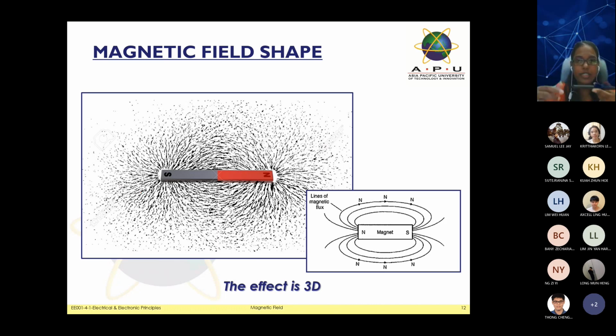Beside that, they put magnetic flux lines here, so you can see how the magnetic field behaves and how it moves. From here, you may have a look at this image.